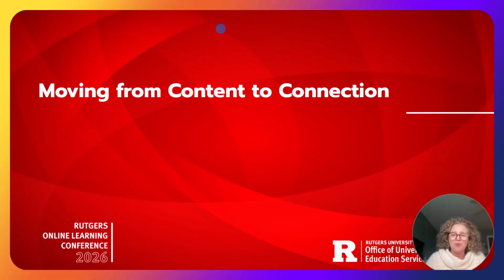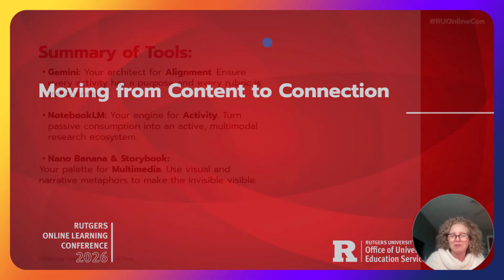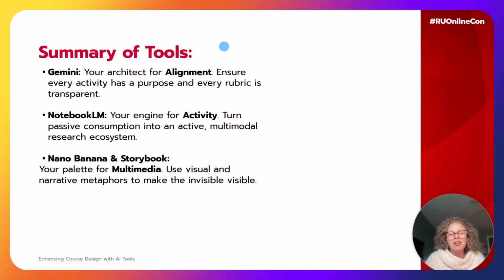All right, so moving from content creation to connection. Here's a summary of some of the tools that we've looked at today. Gemini, your architect for alignment, making sure that everything aligns with your learning objectives. Ensure every activity has a purpose and every rubric is transparent.